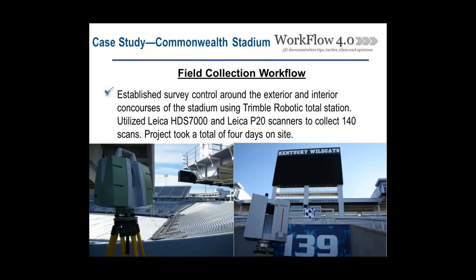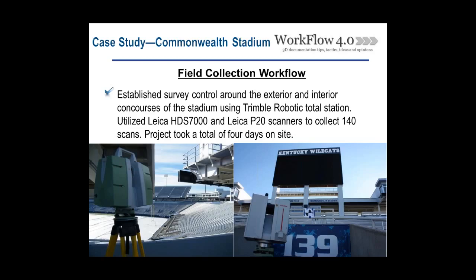As far as the field collection workflow, we had to establish survey control on site, even though they already had existing control from when the original survey was done. A lot of that had been torn out, and there was just no way to tie into the existing control that was there. So we ran surveying control, both horizontal and vertical, around the exterior of the stadium, and then through the interior concourses on the lower level and upper level, using Trimble robotic total stations.